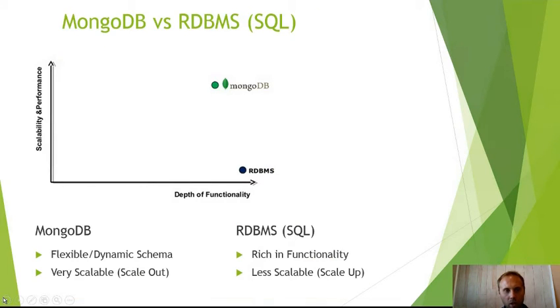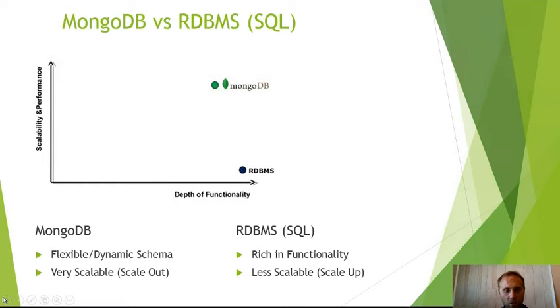So the next slide, we're going to talk about MongoDB and relational database management systems and how they plot out on a graph, where we're looking at scalability and performance and depth of functionality. So you can see MongoDB is strong in both of those areas. It's flexible, the dynamic schema that we talked about, and very scalable.